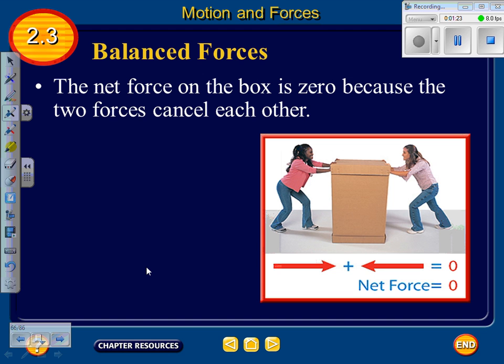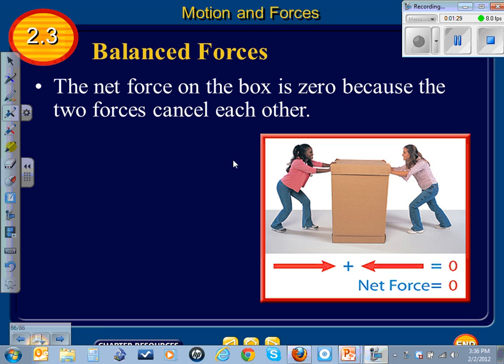The net force on the box is 0 because the two forces cancel each other out. In the example shown here, because the two girls aren't moving the box, their net force is 0.